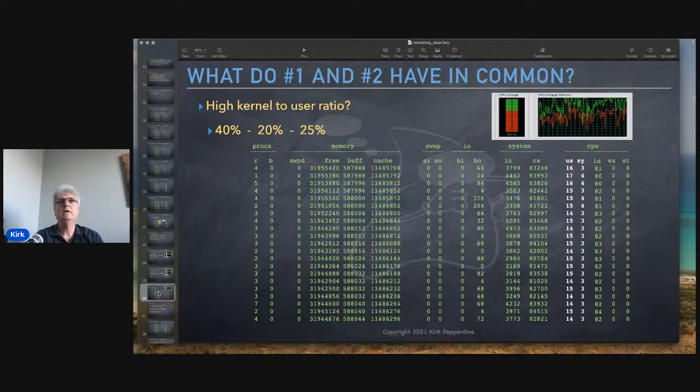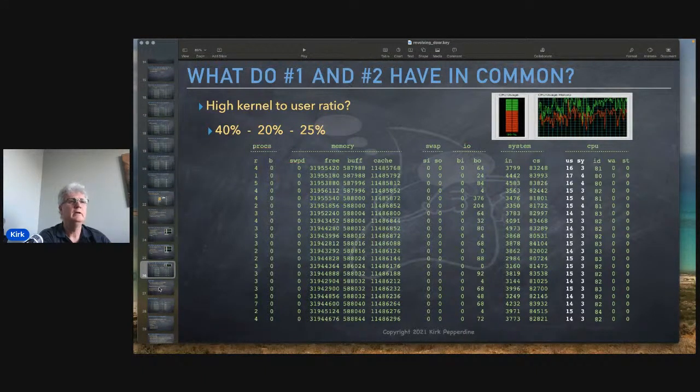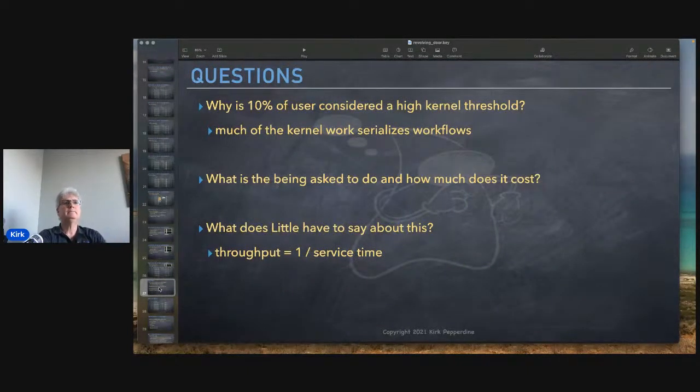So in the Windows case, we had 40%. With the other server under load, we had 20%, 25% when we take the load off of the server. So like I said before, that actually makes things get much worse. Now, why is 10% of user time considered a high kernel threshold?